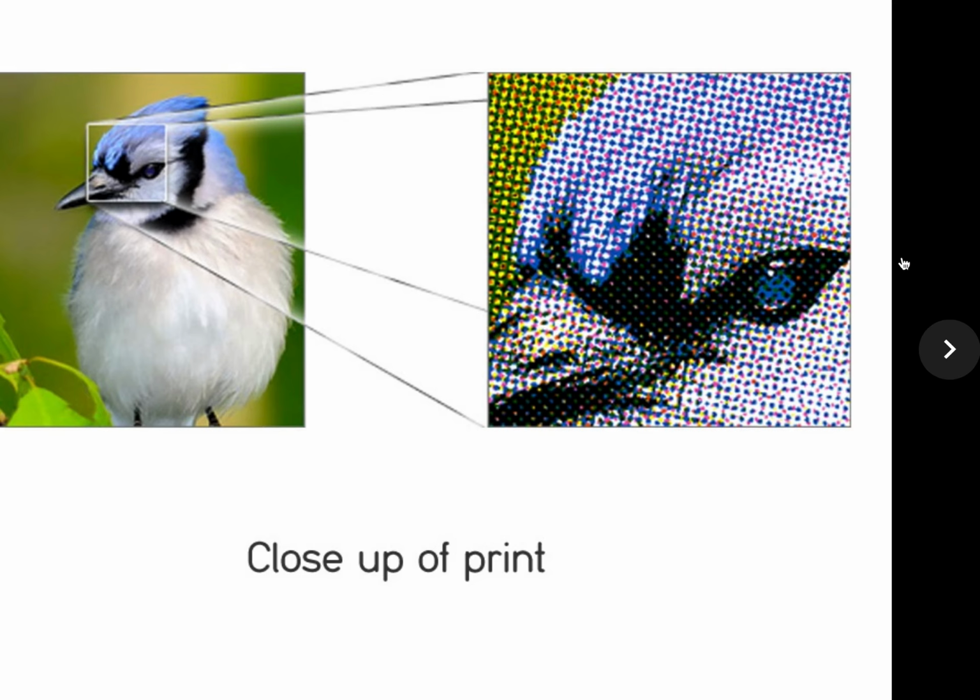And you've probably seen this before in black and white, in low-resolution magazines, in low-resolution newspapers. You can often see the dots, but in a high-quality catalog or a high-quality print, you might not see them unless you look very, very closely. Your eye essentially blends the colors together to make the image.